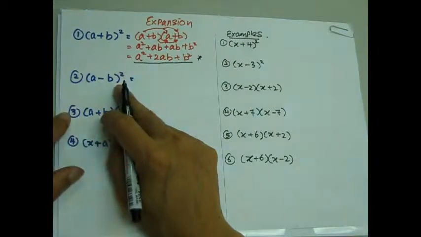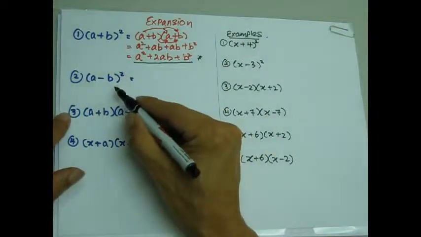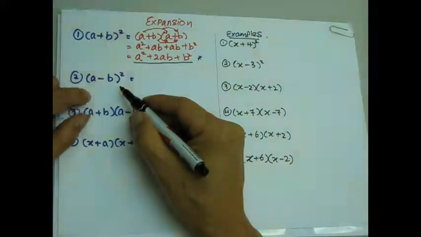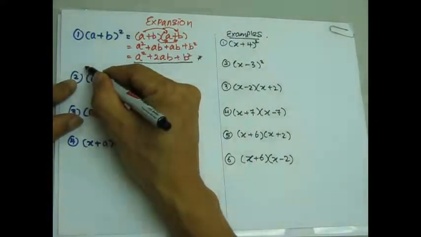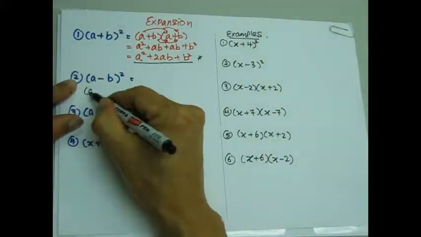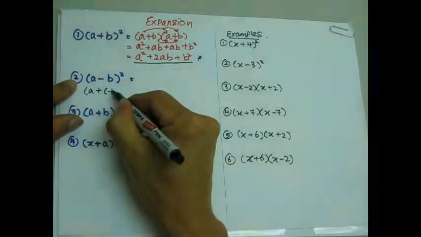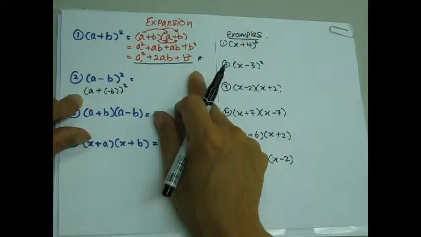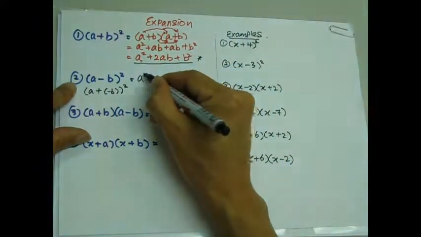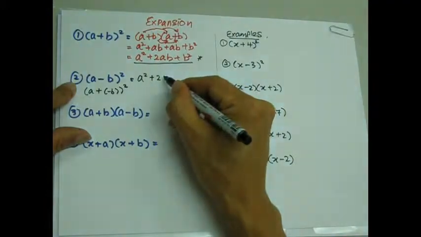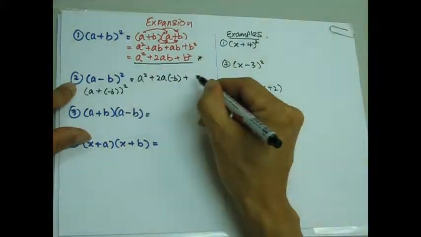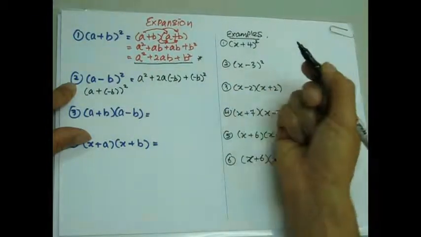Now if you have (a - b) squared, well actually this is a special case of (a + b) squared. Basically you can think of this as (a + (-b)) squared. So if you apply this process here, then I will have a squared plus 2a, and then you put a negative b in the back, plus (-b) squared.